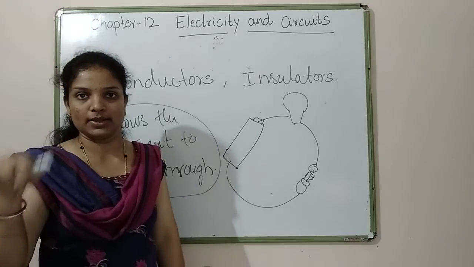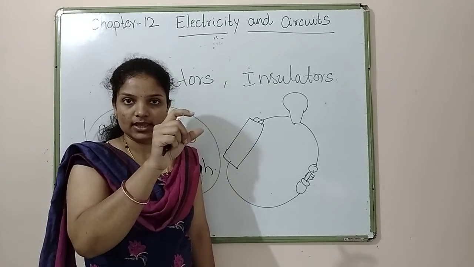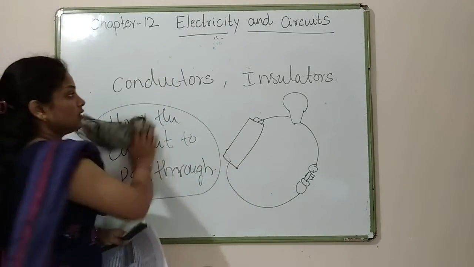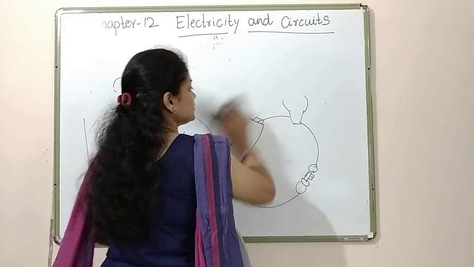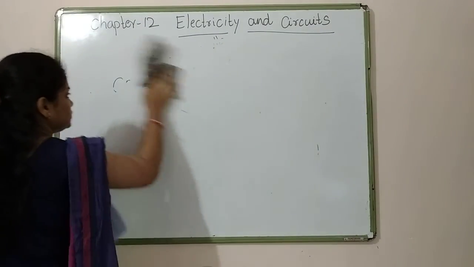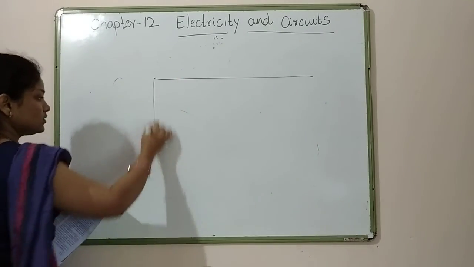You make a table with the objects taken. For example, key. Make two boxes. So I'll just show you. Make it like this. Draw one box here.